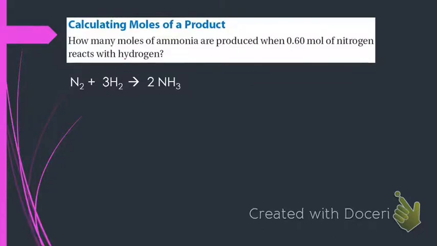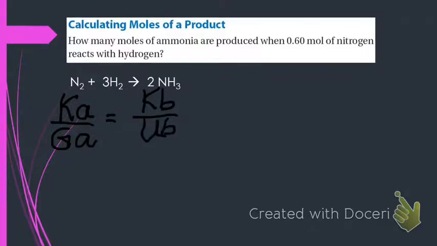Okay, so our mole ratio is our known of A divided by what we're given of A equal to the known of our B divided by our unknown of our B, which is going to be our X. Okay, so what we know and what we're given is this 0.6 moles of nitrogen.